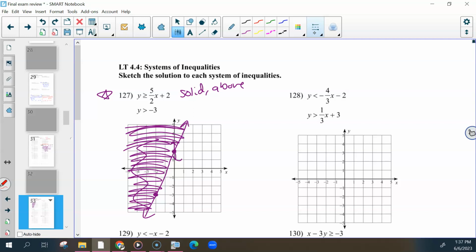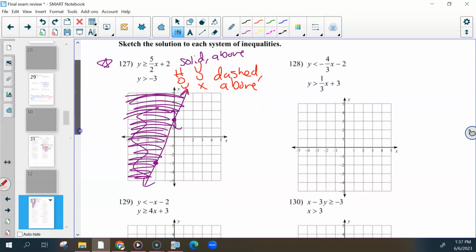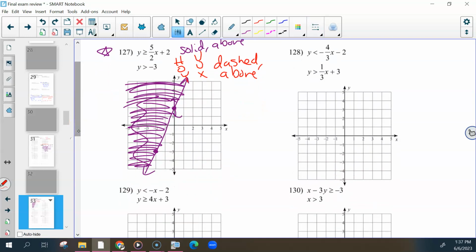The y inequality is similar to what we just did. It's going to be a horizontal line. This is going to be dashed and above. Put a dot at -3. Make it a dashed line across. And then shade above that line.